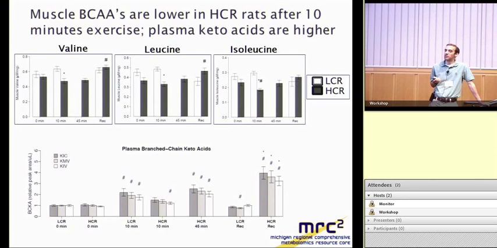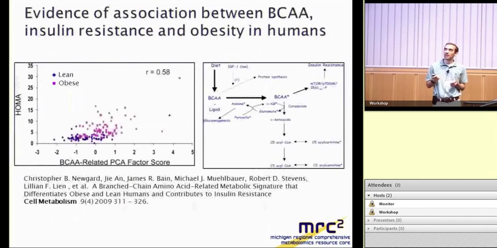But it turns out that branched-chain amino acids may have some substantial roles in supporting fat oxidation capacity. And we're not the first to describe this. We're the first to notice it in this particular circumstance of exercise capacity.